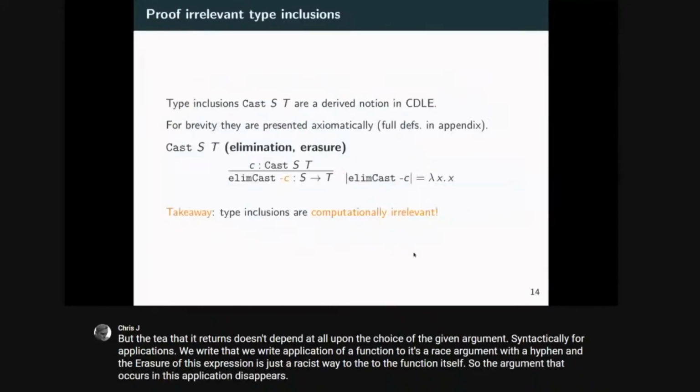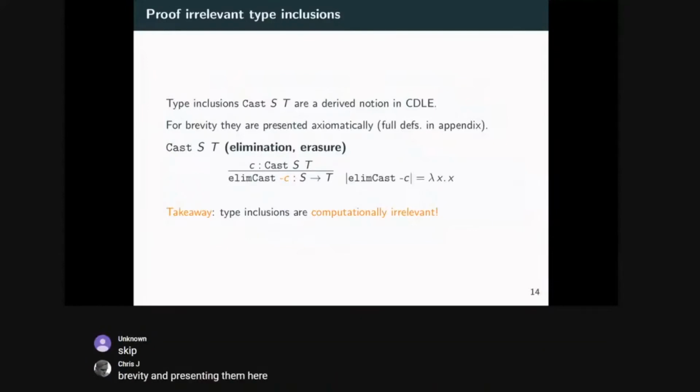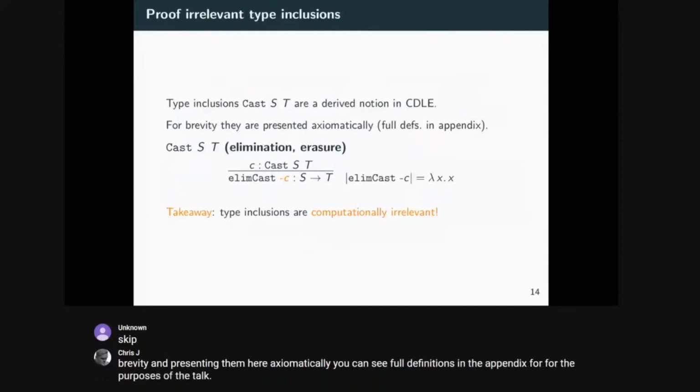Type inclusions, cast S T, are a derived notion in Cedille, but for brevity I'm presenting them here axiomatically. You can see full definitions in the appendix. For the purposes of the talk, I just want to focus on these two properties: the derived elimination form and its erasure.